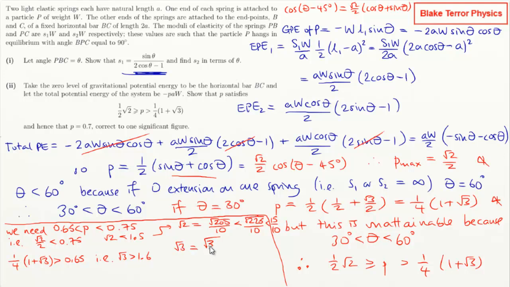Root 3 is root 300 over 10, and that is greater than, well, let's square the 16 and get 256 over 10, so it's greater than 1.6, or greater than 16 over 10.